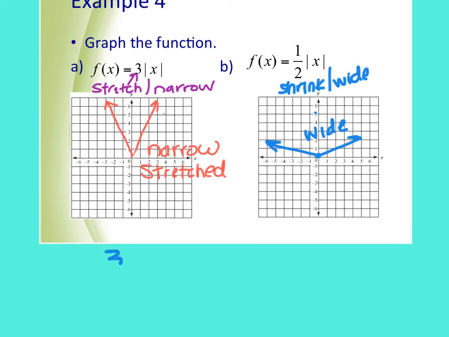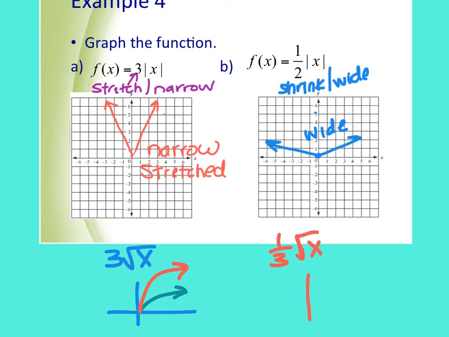So if that said 3 square root of x, then instead of it being your normal arc, it's a taller arc, something like that. It's 3 times as high. And if it said 1/3 square root x, then it'd be flatter than normal. So if this is your normal, then it's flatter. So sometimes narrow and wide get confusing when you get into something like a square root.